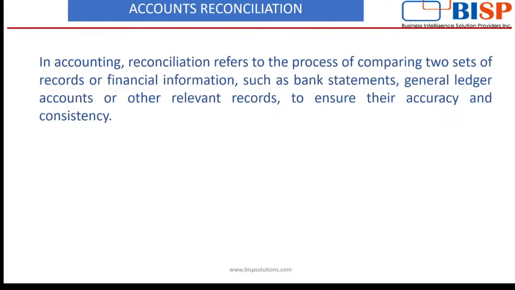For example, a company would reconcile its bank statements with its own cash records in the general ledger. Why do we do this? To ensure all transactions are recorded correctly and the ending balances match, and to maintain accuracy and consistency in the organization.